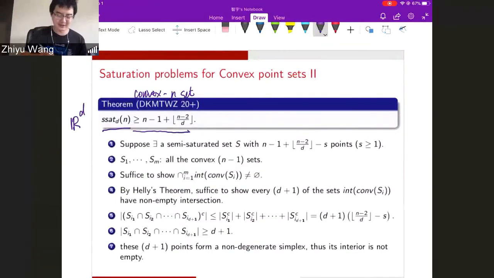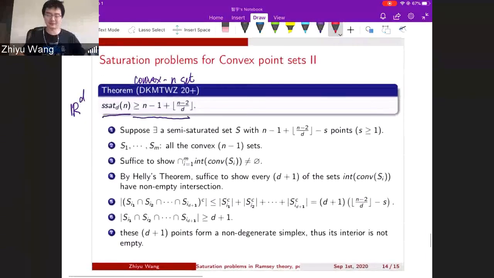In this case, we have a pretty clean lower bound proof. Suppose we have a semi-saturated point set with this bound minus s points, for some positive integer s.